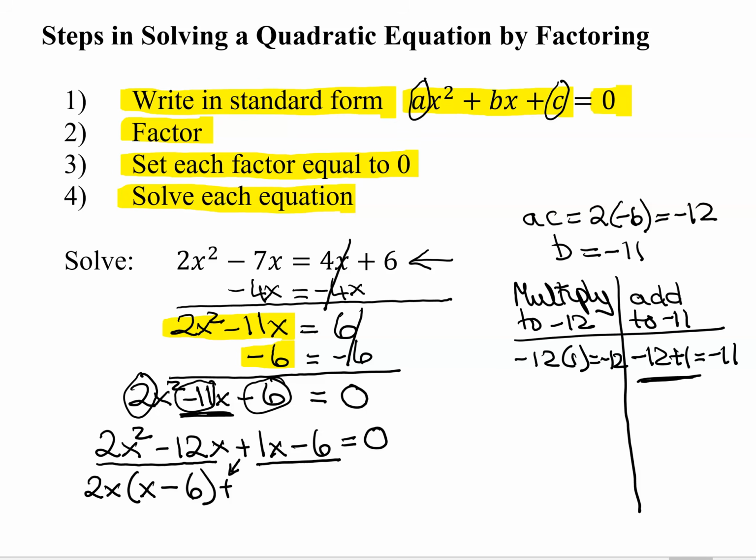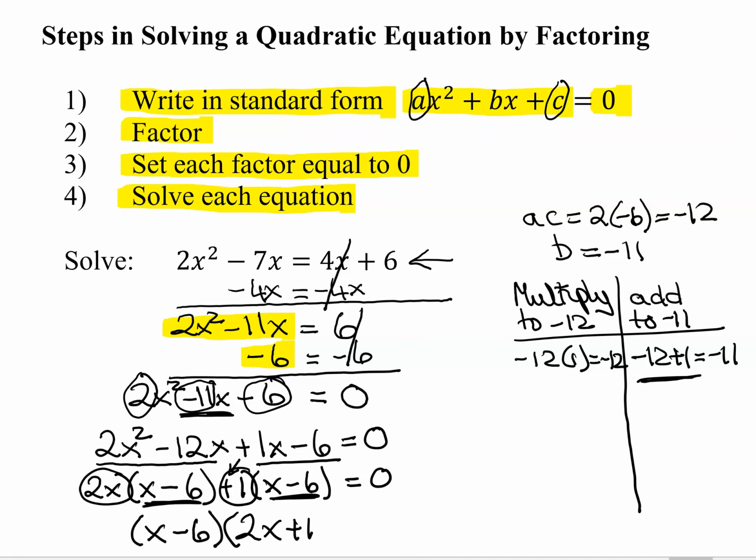But remember, when you're looking for a common factor, everybody has a 1 as a common factor. So I can pull a 1 out of an x minus 6. And now, is this the same as this? My binomials are the same, so I pull out my x minus 6 in front. And what does it leave as my resulting binomial? 2x plus 1. Don't forget it equals 0.